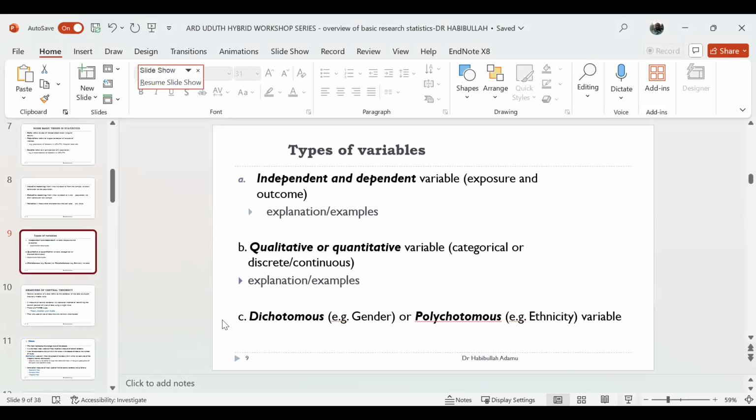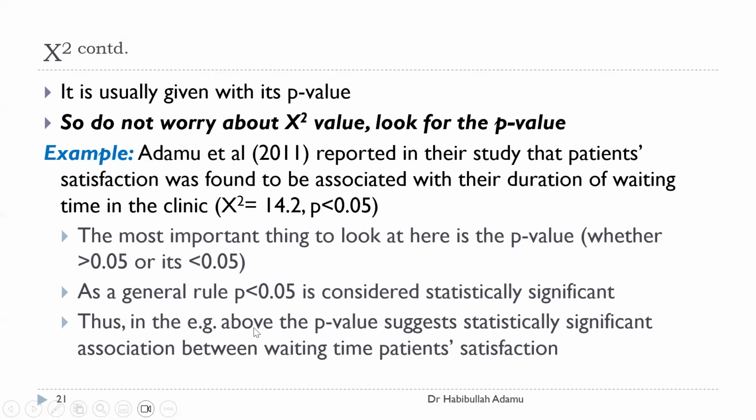Please, are we together? Yes, sir. So as a general rule, less than 0.05 is considered statistically significant. Please, you should have this at the back of it. Are we together? So as a general rule, when interpreting p-value, once you have your p-value, all you need to do is look at that value. Is it less than 0.05?